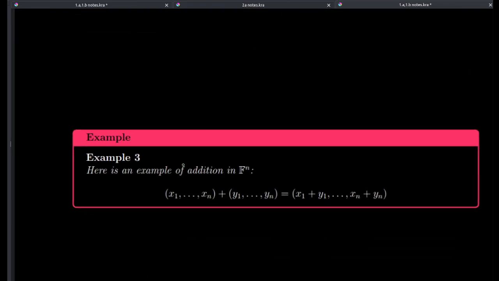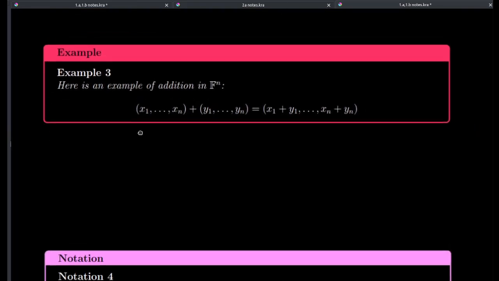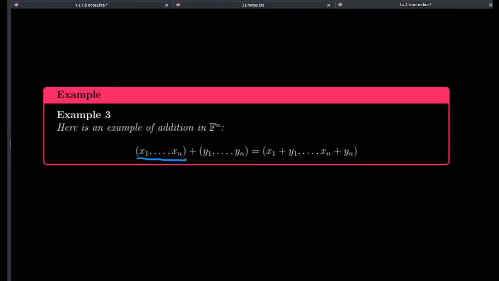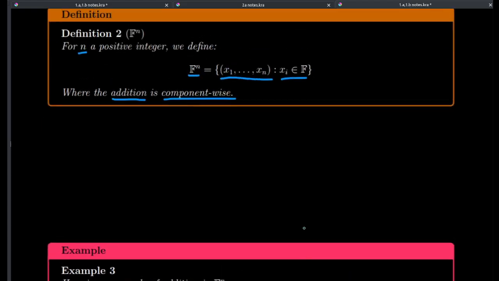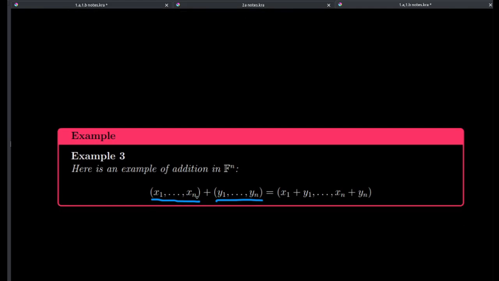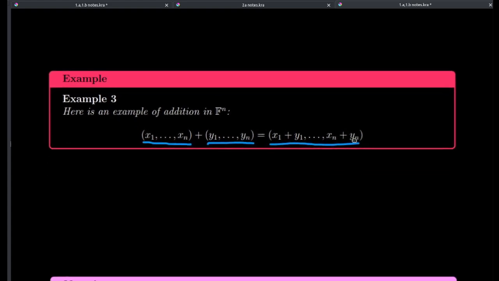That is, if we take two elements of F^n, so x1 through xn plus y1 through yn, we'll define an addition on F^n using the addition of F. We'll just add each piece together. First thing gets added with the first thing, x1 plus y1, and so on, all the way down to the last thing being added with the last thing. Nice. So F^n kind of inherits the addition from F.